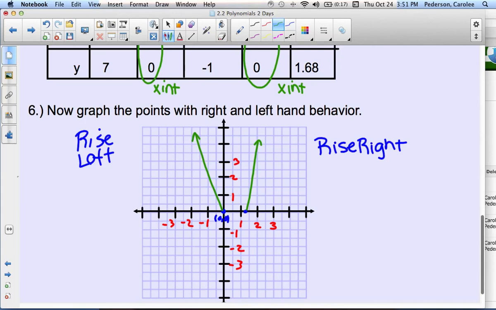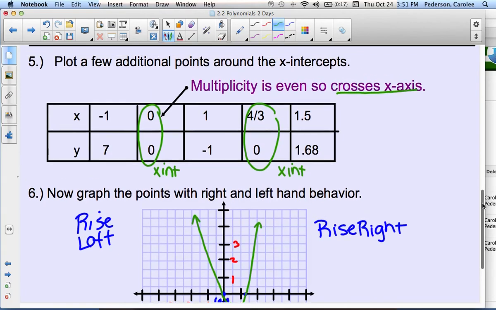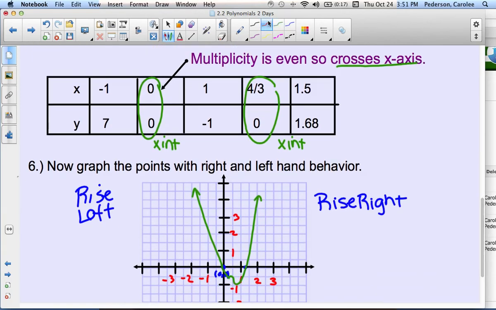Then look at your repeated zero. This repeated zero crosses the x-axis, so it must come down. And then we have a few more additional points that give us that little W shape. I'll let you graph that with these ordered pairs: -1, 7; -1, -1; and 1.5, 1.68. Those are the 3 additional points.